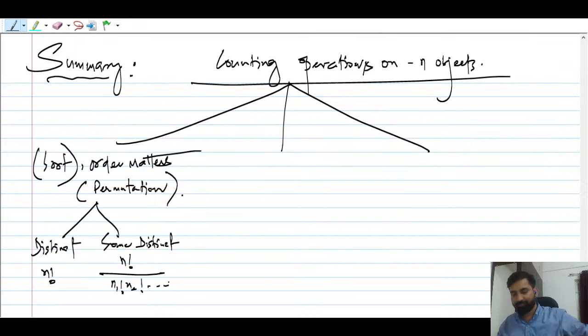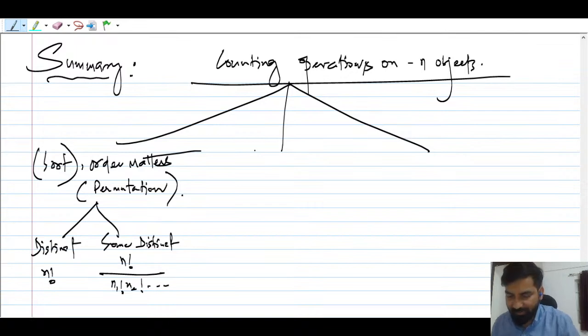You have to overcount and then divide by the alike objects. Suppose n1, n2, n3 are alike or same objects. Understood? So this is the permutation, and this is the overall view. I'm not showing you the nPr formula, guys. The nPr formula is kind of confusing, so आप याद रखना है.